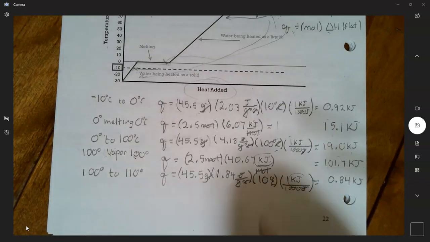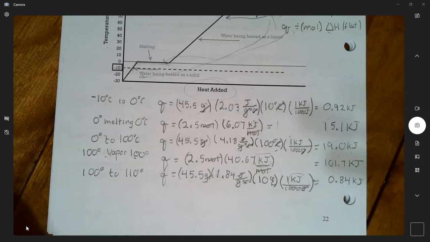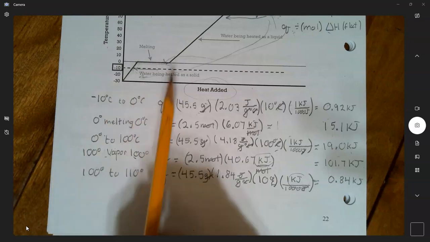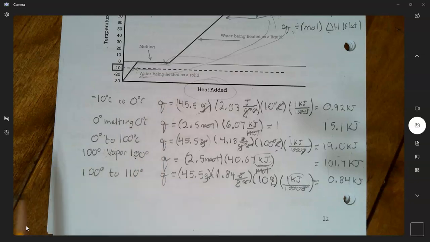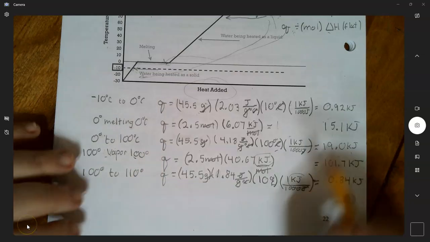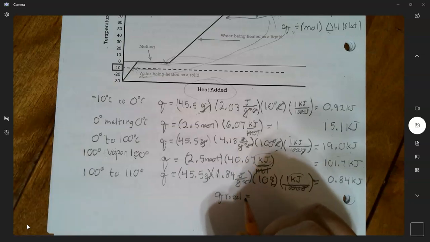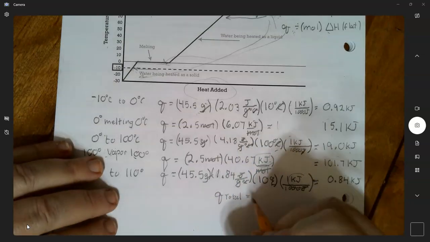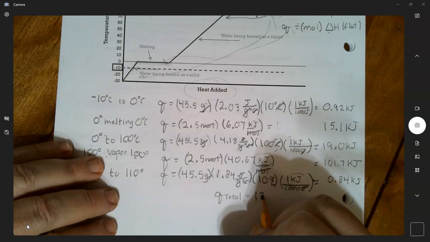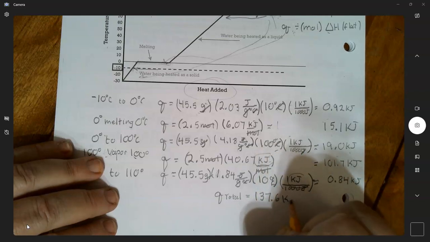So this is the amount of heat that went into taking that water from negative 10 degrees to 110 degrees. So now we add those up to get our final heat required to melt this specific amount of ice, 45 grams or 2.5 moles. Okay, so when we add all these numbers, we get the heat total, and that's going to equal 137.6 kilojoules.